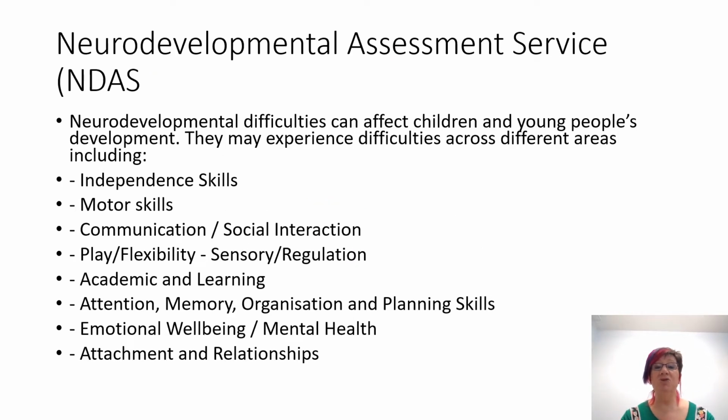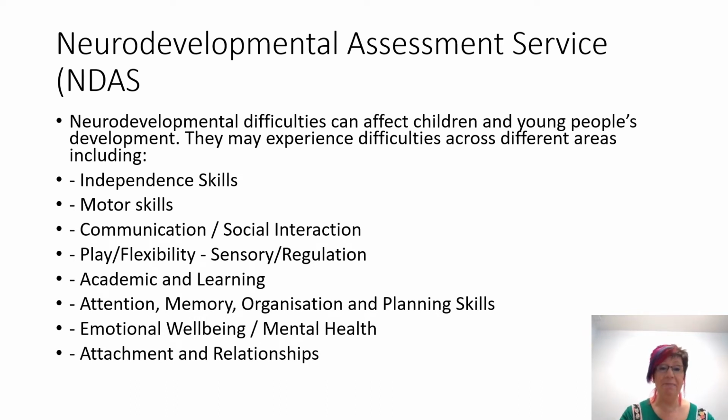So when we're thinking about neurodevelopmental difficulties, these can affect children and young people's development. They may experience difficulties across different areas, including their independence skills, their motor skills, communication, social interaction, their ability to play, their flexibility of being able to change from one play area to another. They might have some sensory regulation issues.